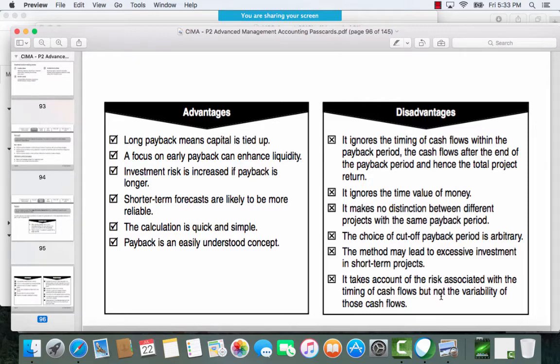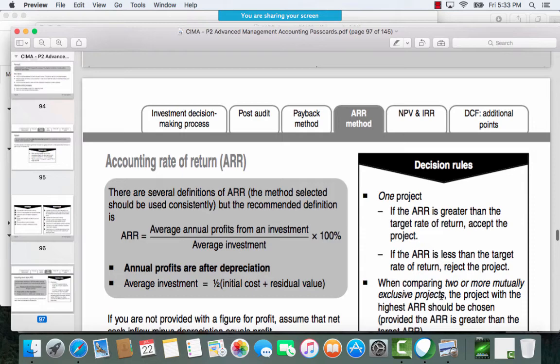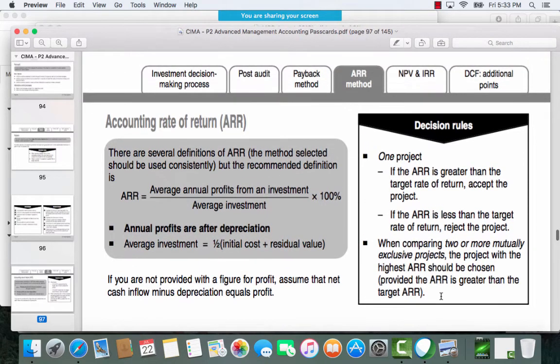So that's one. The next one, we talk about accounting rate of return. What do you think, Gavin, some of the issues with this accounting rate of return? Any advantages, disadvantages in this?